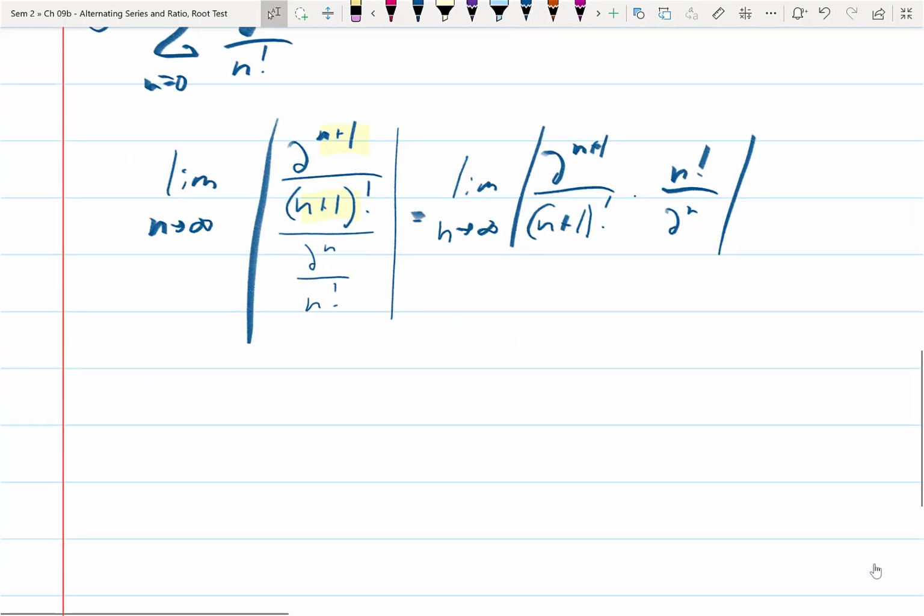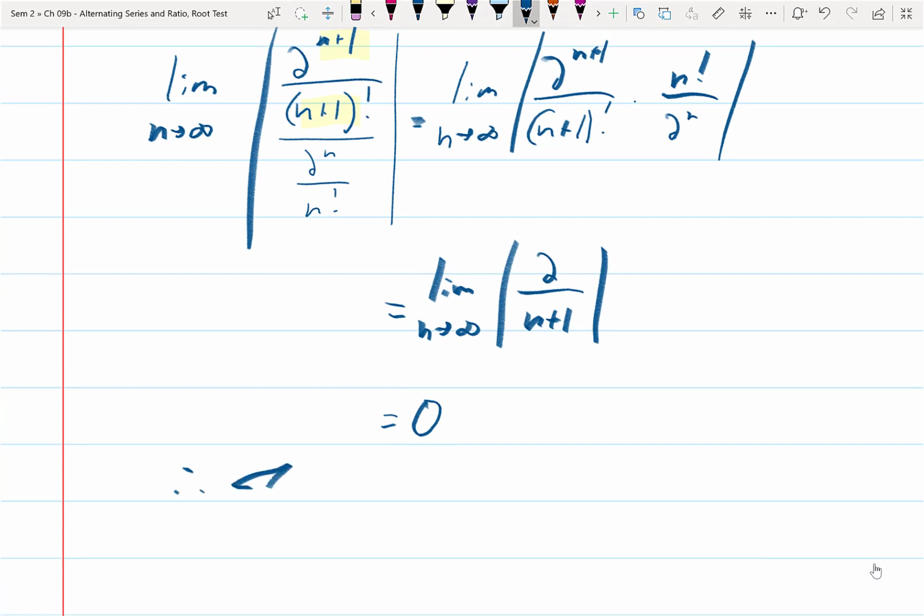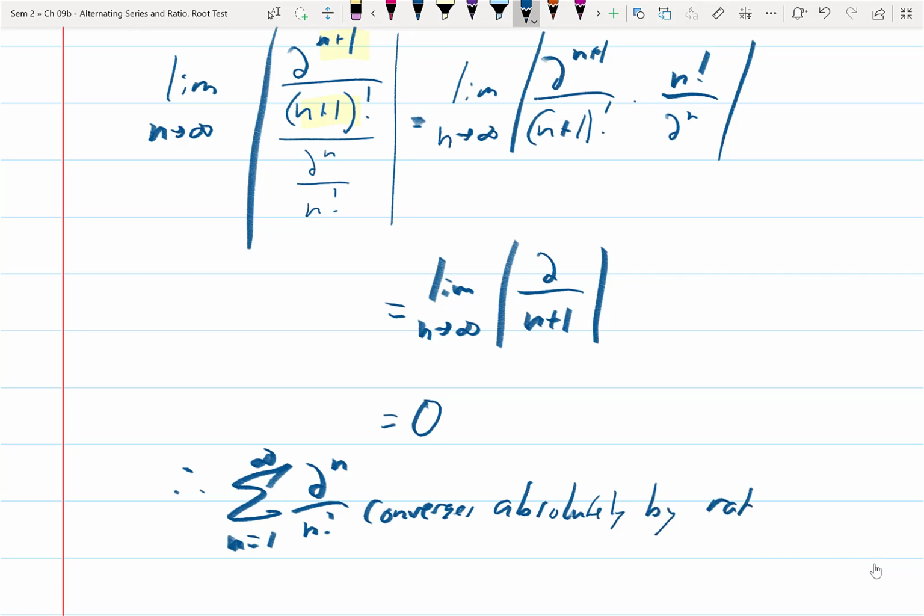If you simplify that, 2 to the n plus 1 over 2 to the n is 2, and n plus 1 factorial over n factorial is just n plus 1, still an absolute value. And as n approaches infinity, this is equal to 0. Therefore, we can say the sum from n equals 1 to infinity of 2 to the n over n factorial converges absolutely by the ratio test.